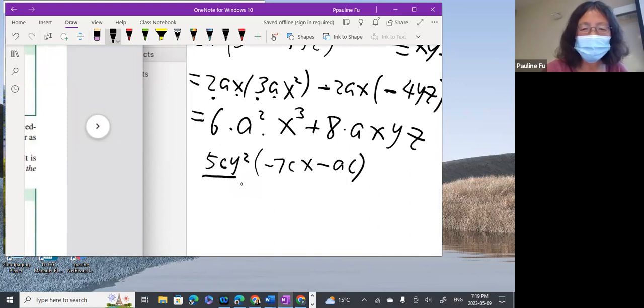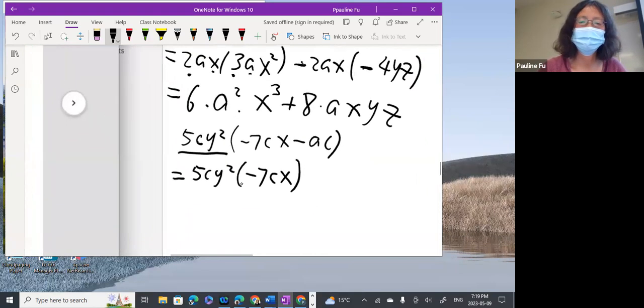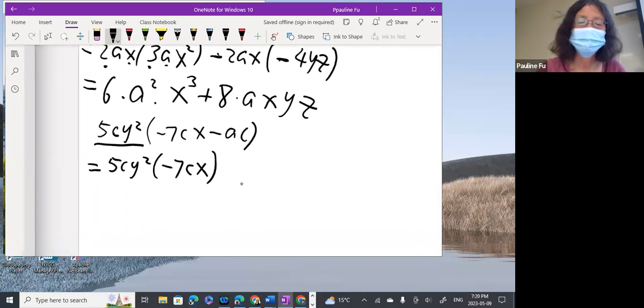So you use 5cy squared times every item inside the bracket. The first item is negative 7cx. Then use 5cy times the second item. The second item has negative sign. So negative 5cy squared times ac.